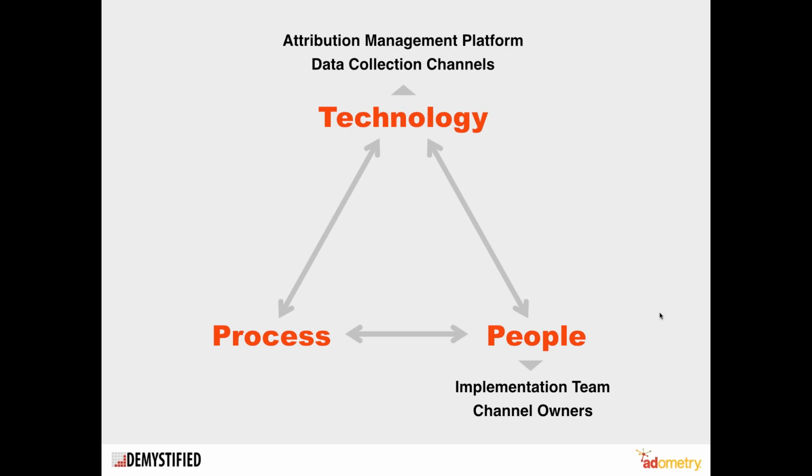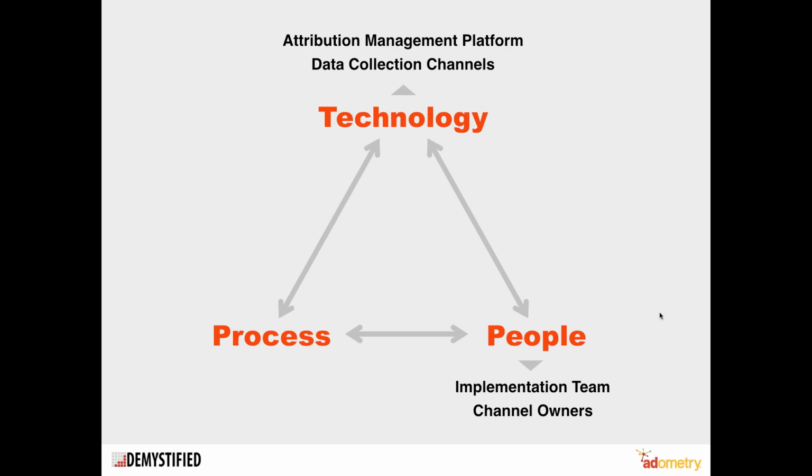That's definitely a core part of the technology, be it Adometry or some other platform. But there's other technology, which is all of the different channels you're operating in that have data, and that data needs to be collected. So they need to be tweaked and tuned.